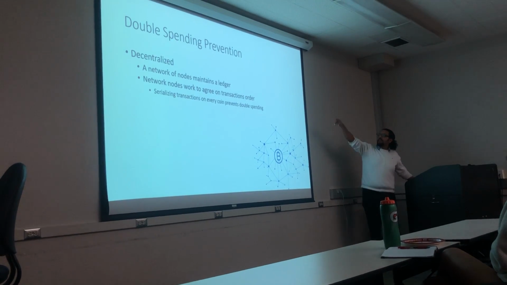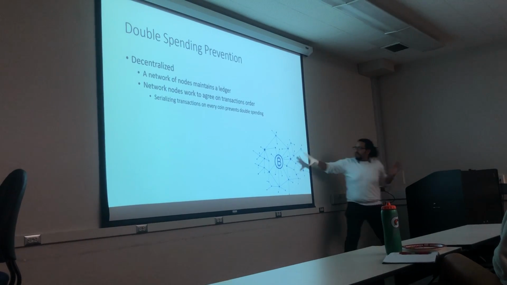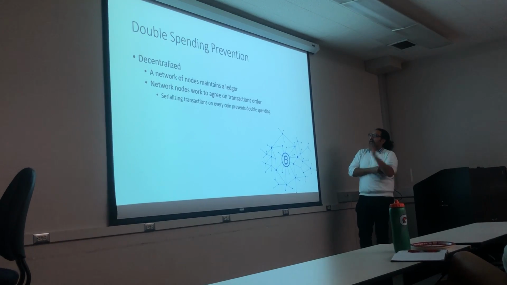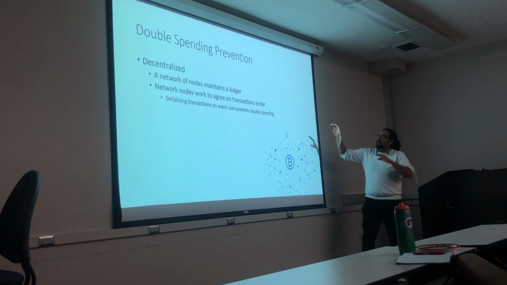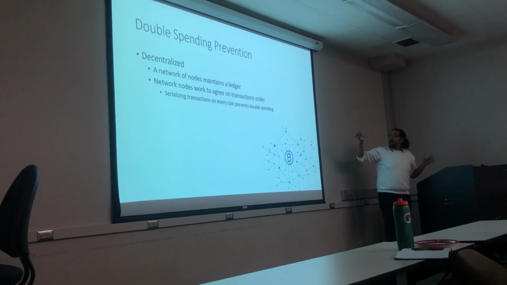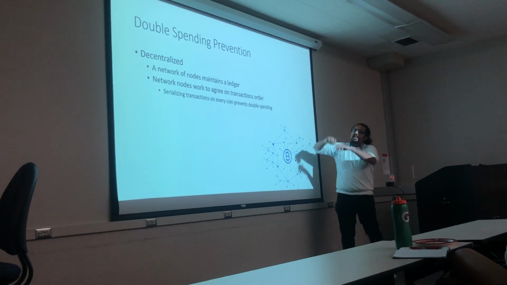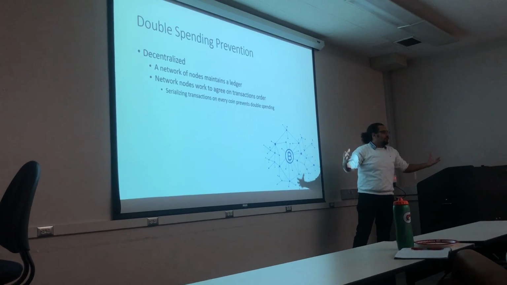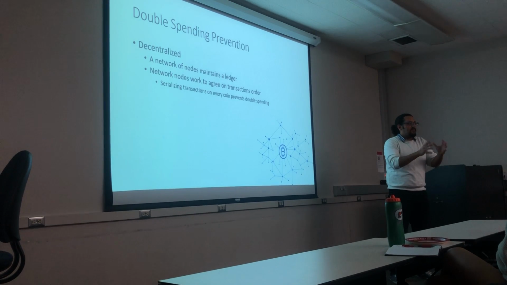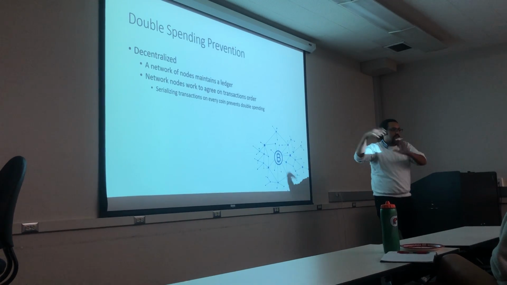Basically, the Bitcoin network is a network of nodes that maintain the ledger. They work to agree on some transaction order. As we said before, double spending could be prevented if we have some order for transactions.